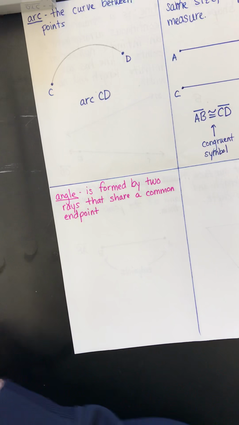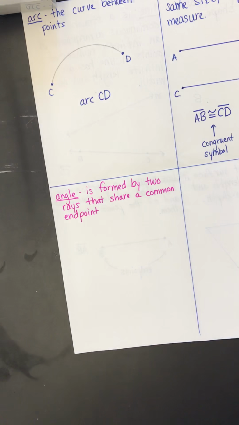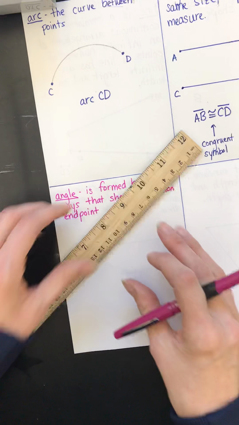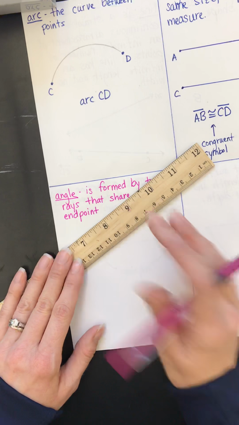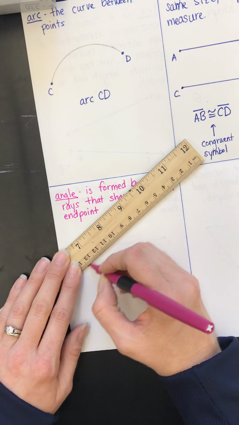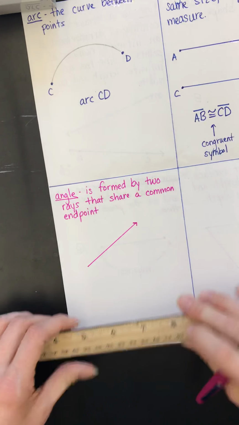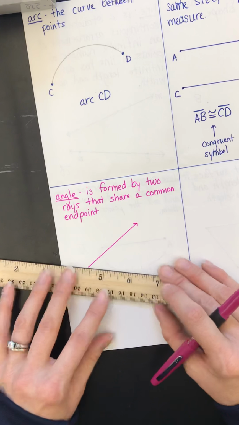Okay, so let's go ahead and draw our picture. Here is an angle. We're going to label all the parts of this so that you know what's going on. The definition also talked about a ray. We have not talked about rays yet. We're going to talk about them in just a moment.